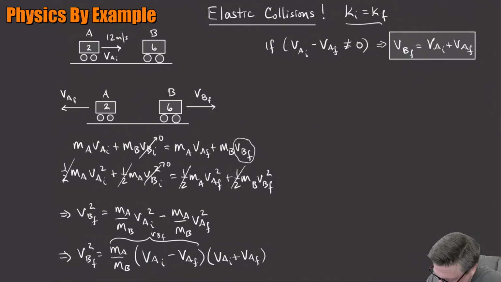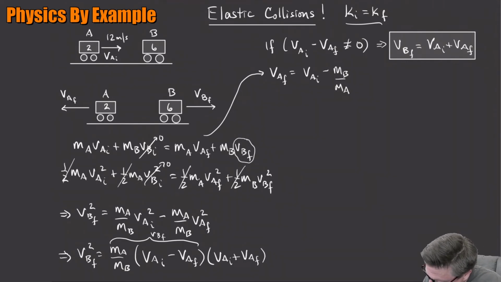Okay, so if I have that, now let's solve for VA final. Let's look at this over here. Let me divide out by MA. VA final is just going to be VA initial minus MB over MA times VB final. Well, I just found VB final, so that's VA initial plus VA final. So I've got that.